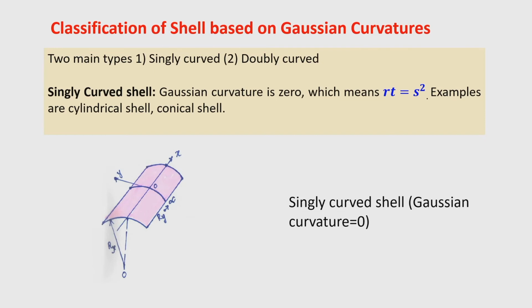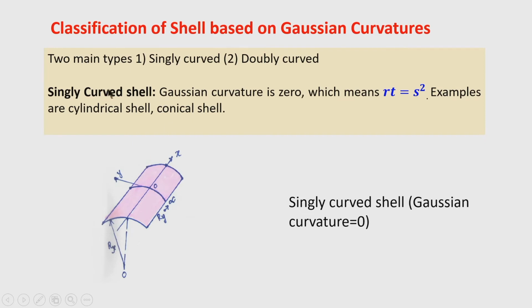What is singly curved shell? Singly curved shell has a curvature in one direction, in the other direction the curve has no curvature. So, that means like, say, a cylindrical surface: in the y direction you will get the curvature, but along the x direction this is a straight line. So, therefore, the radius of curvature is infinity, and hence the curvature is 0.